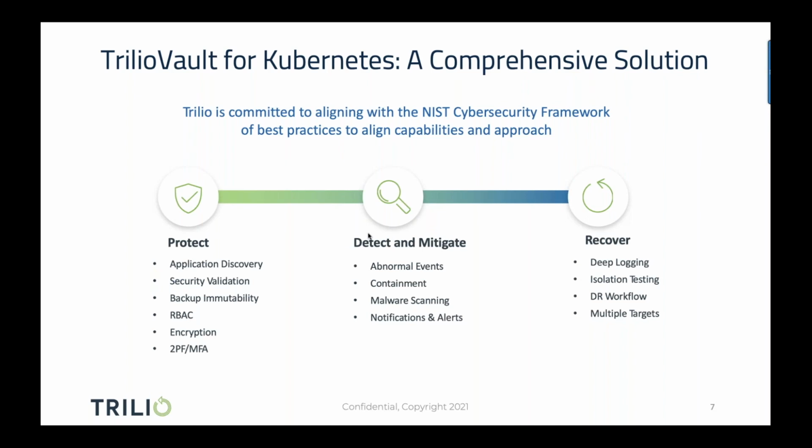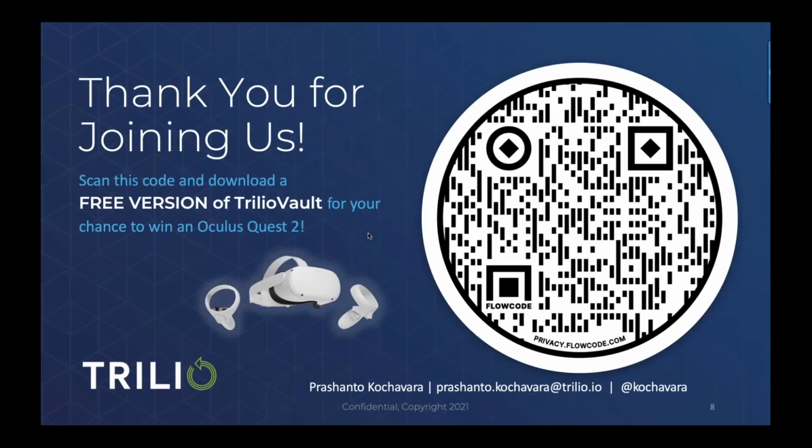So users can create multiple S3 repositories or multiple NFS repositories and store their backups in them, so that even if you do get compromised on one of the backup repositories, your other repositories are available, clean and fresh, to recover from. So the idea here is, on one side we want to minimize the attack surface, but on the other side we want to increase the recoverability surface as well. So with that, I conclude the presentation.